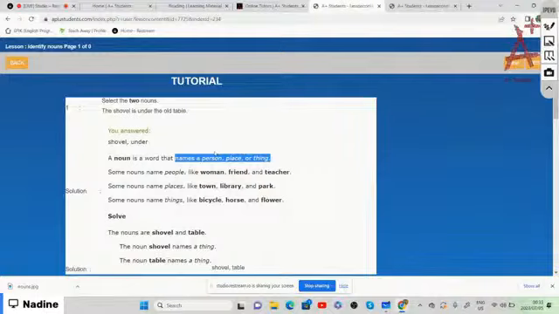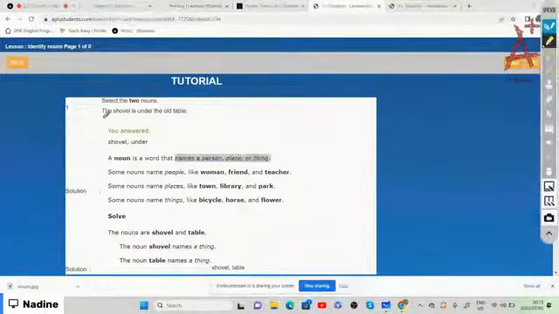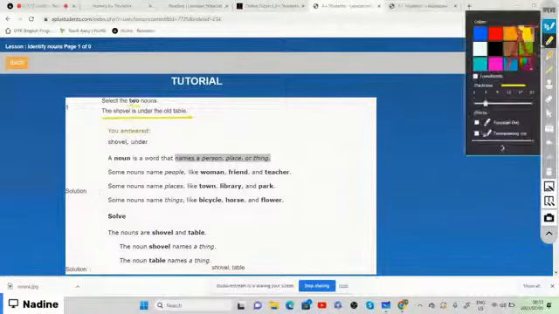If we look at the first sentence, it says, the shovel is under the old table. They want us to identify two nouns within the sentence. The shovel is under the old table.